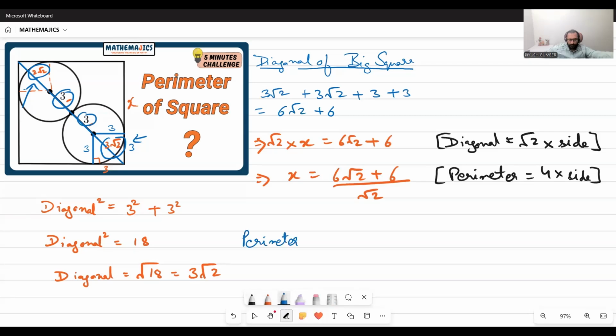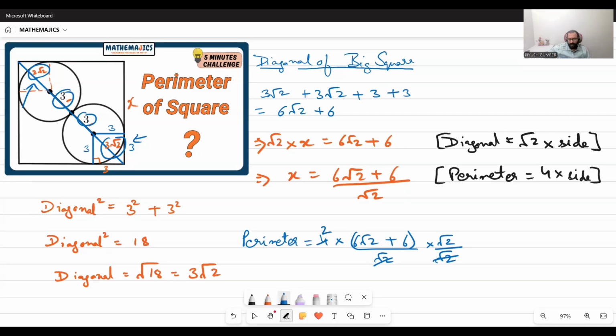Perimeter will be 4 times x, which is (6 root 2 plus 6) upon root 2. Okay. Now what can we do? We can rationalize this by multiplying numerator and denominator by root 2. Now root 2 times root 2 is 2. So this will give us 2 here, correct?